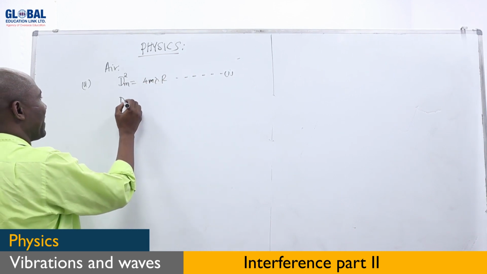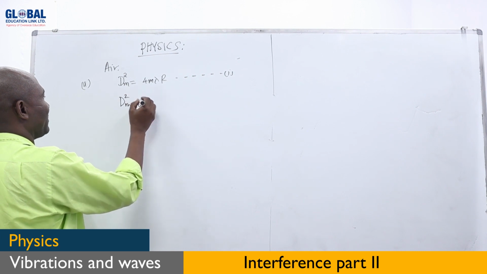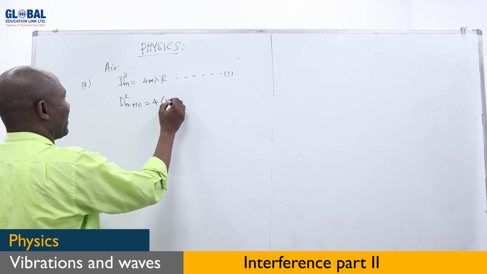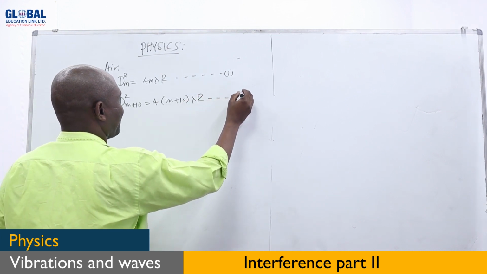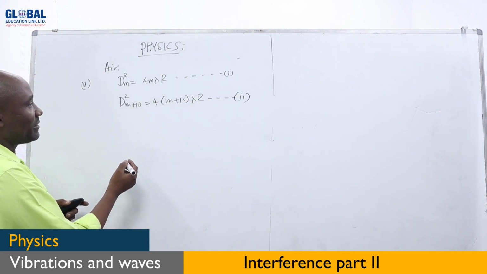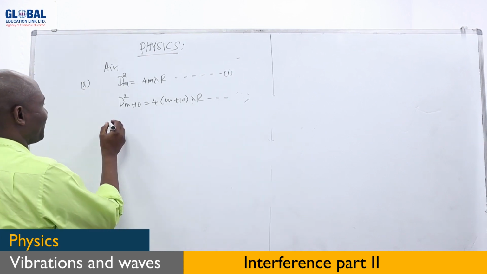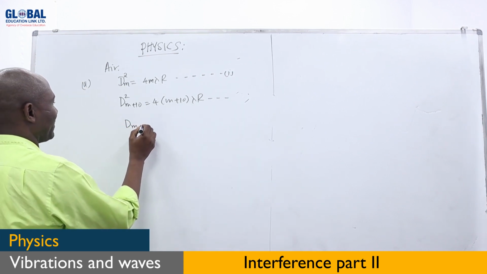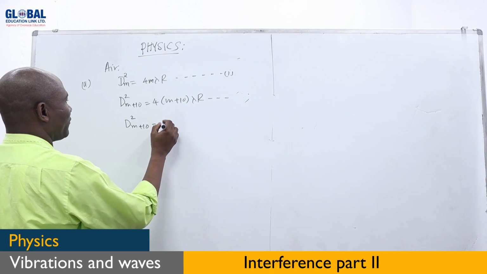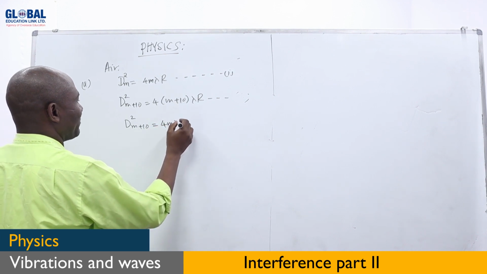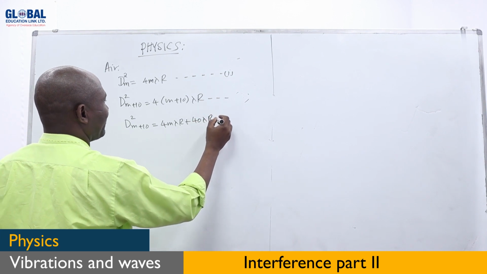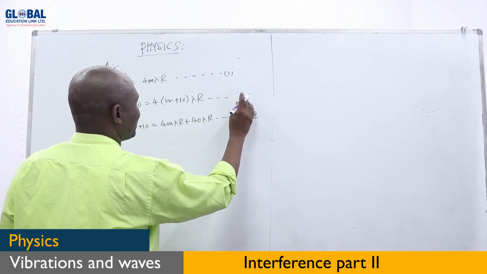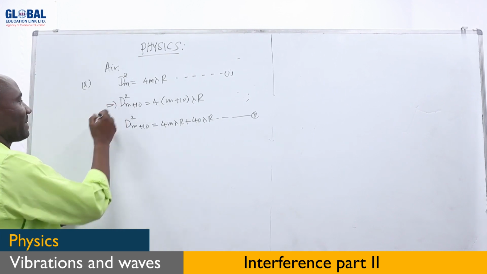Now, for m plus 10, this equals 4(m+10)λR. If you open the brackets, in equation number 2, you can find that this equals 4mλR plus 40λR.